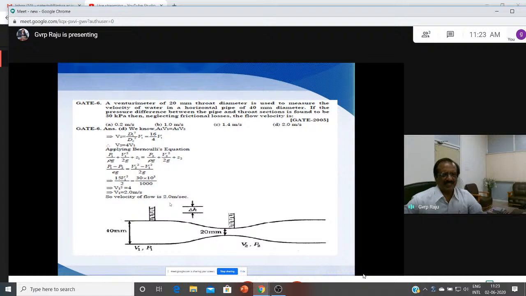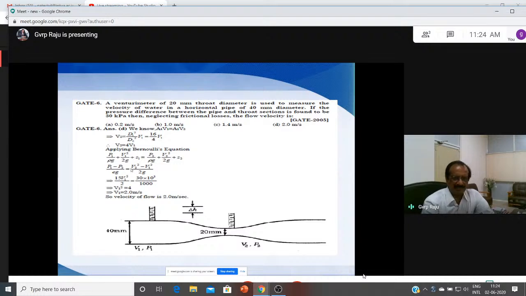So here, once again, this is another simple problem. This is a venturimeter, and we have equations here. Q is equal to A1 V1 is equal to A2 V2. He has given a diameter of 40 mm here and 20 mm here. Substitute the values: V1 and V2 are not known, so V2 is equal to 4V1.